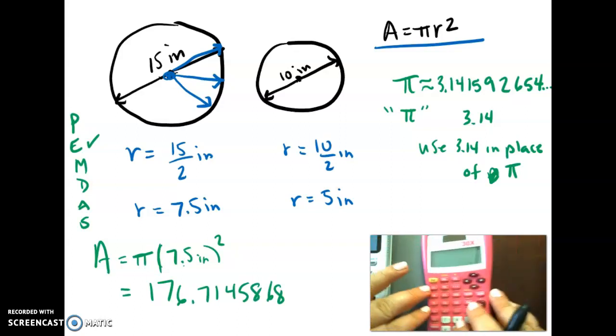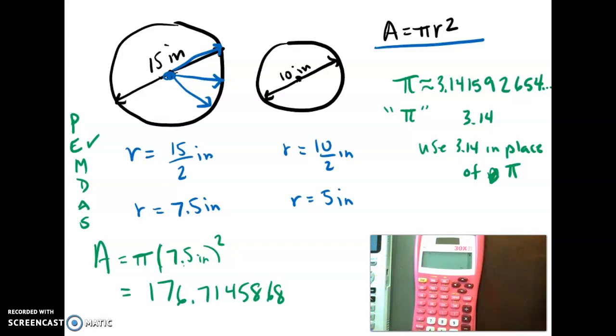Using this other calculator, let's find the area of the smaller one. So area would be pi times 5 inches squared. And oh, I forgot to put my units here. Because I take the units and square them, this is inches squared. Now pi times 5 inches squared, let's do it on this calculator.